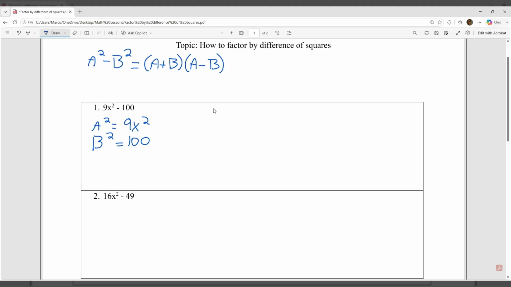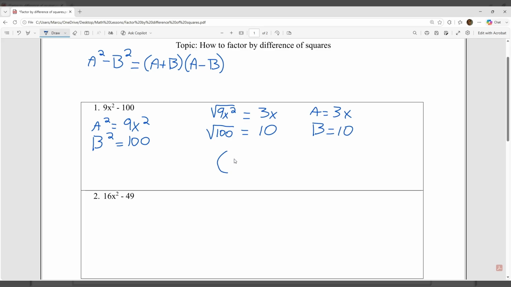Looking at your 9x squared, the square root of 9 is 3. The square root of x squared is x. The square root of 100 is 10. So when you list your terms, your a is 3x, your b is 10.